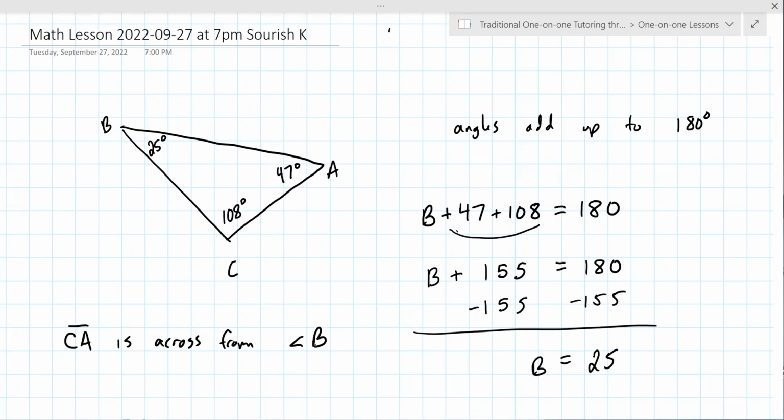Okay. Do you see that? I'm seeing that. So CA is across from angle B, and B is the smallest angle.